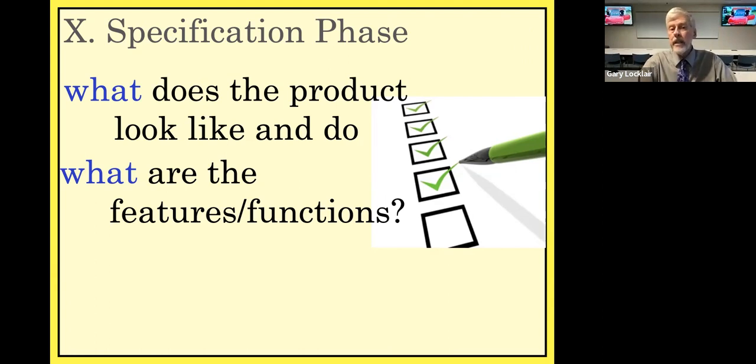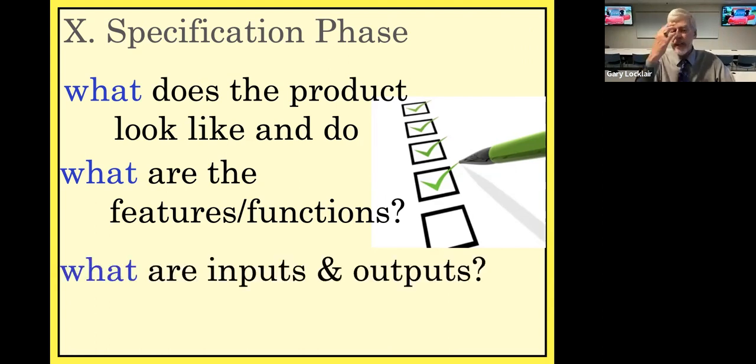In a nutshell, that's specifications. How do we figure all that out? Well, what we need to do in the specifications phase is fully specify all inputs, fully specify all outputs, all inputs, all outputs.